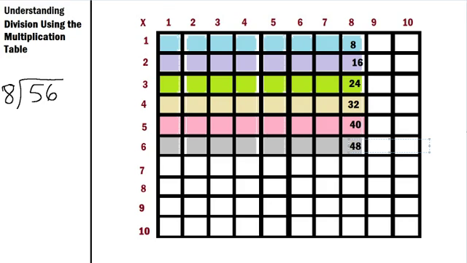Now let's see if I have a color I haven't used yet. Okay. And then if I do 7 groups of 8, I will have my 56.